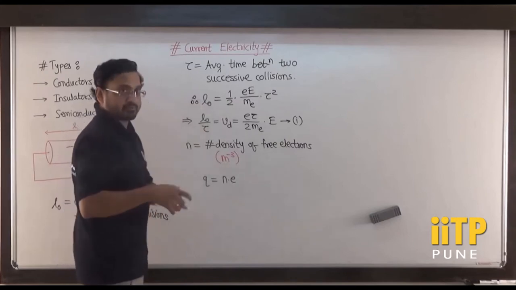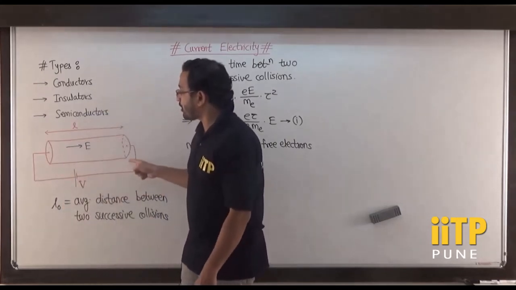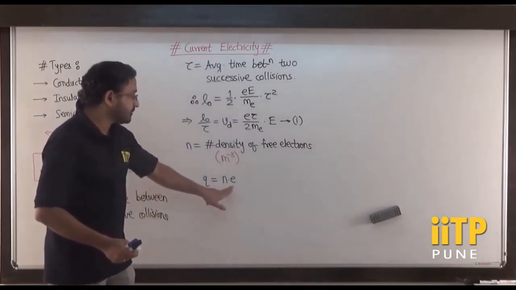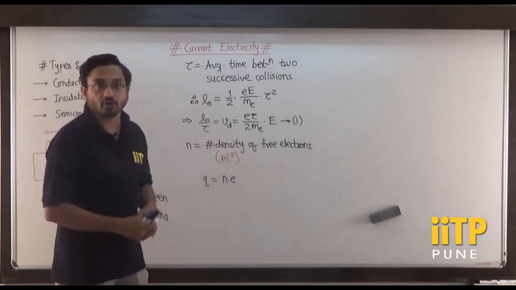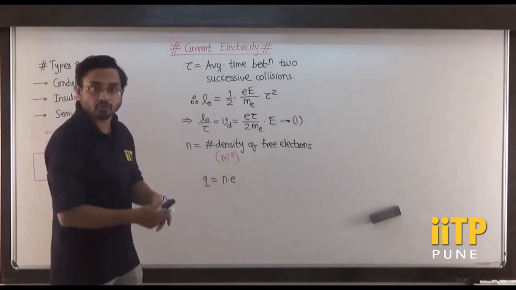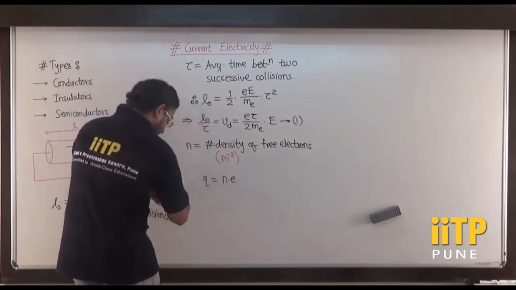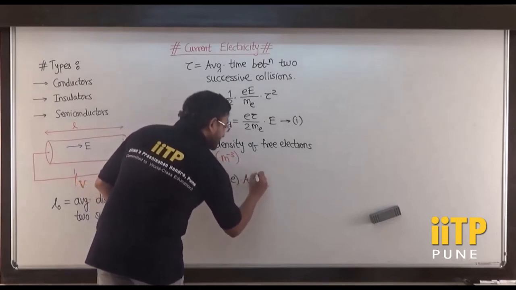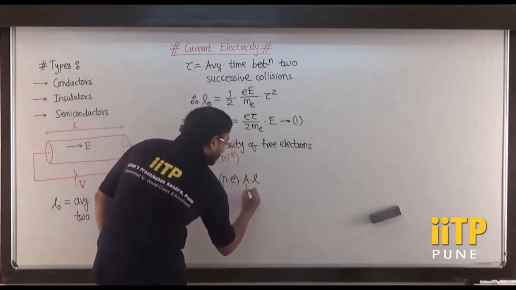So please understand, I am discussing the total free charge in this rod, which will be obtained by number density multiplied by charge and multiplied by volume of the rod, because this is per unit volume. So N e multiplied by the volume, and that volume is A times L, where A is the cross-sectional area of the conductor.